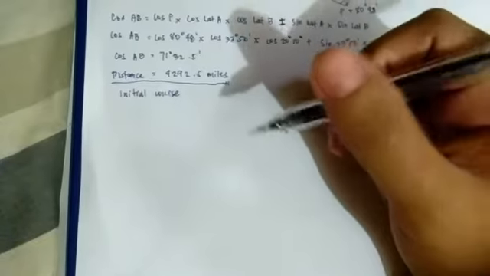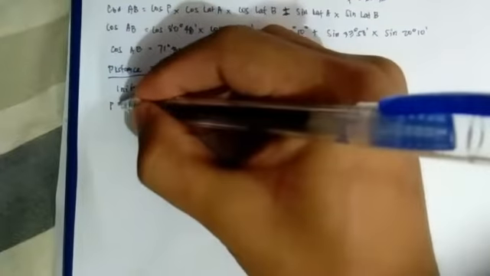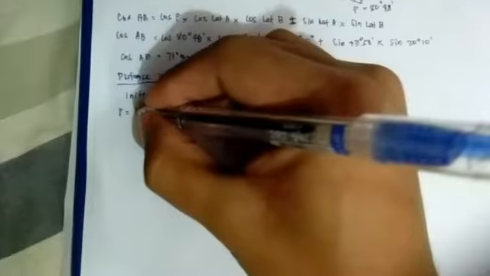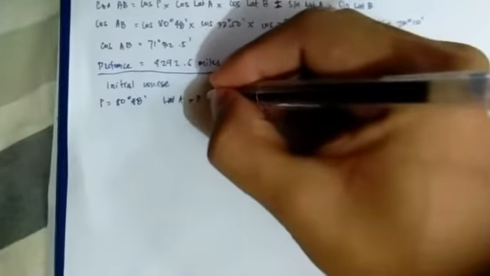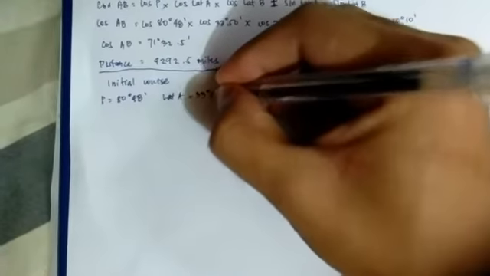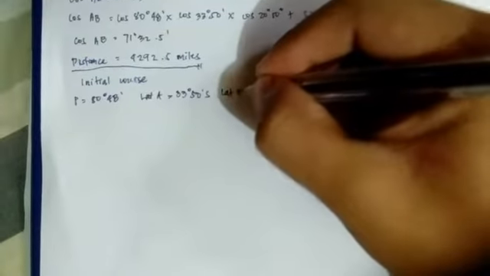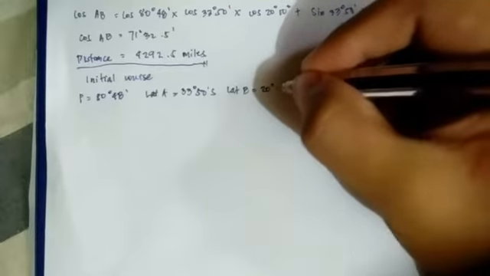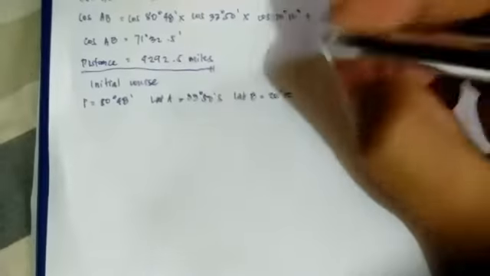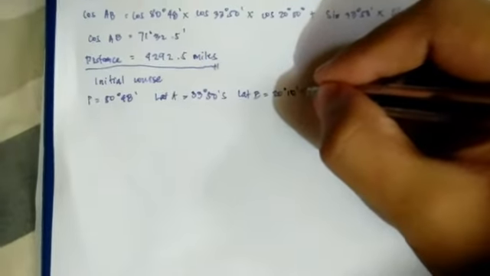So we have given our d long or P, which is equal to 80 degrees and 48 minutes, latitude A, which is 33 degrees and 50 minutes south, and latitude B, which is 20 degrees and 10 minutes.